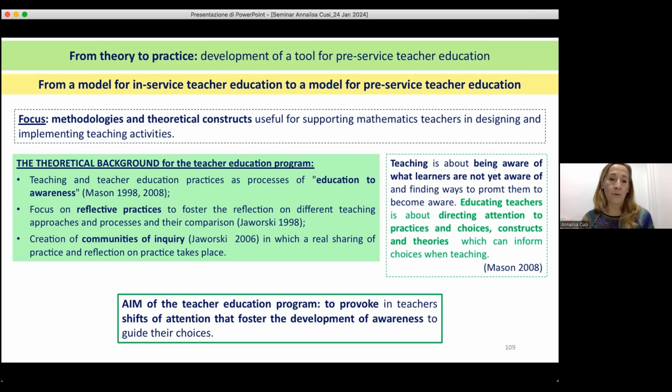And so the aim of the program that I developed is to provoke in teachers shifts of attention that foster the development of awareness to guide their choices.